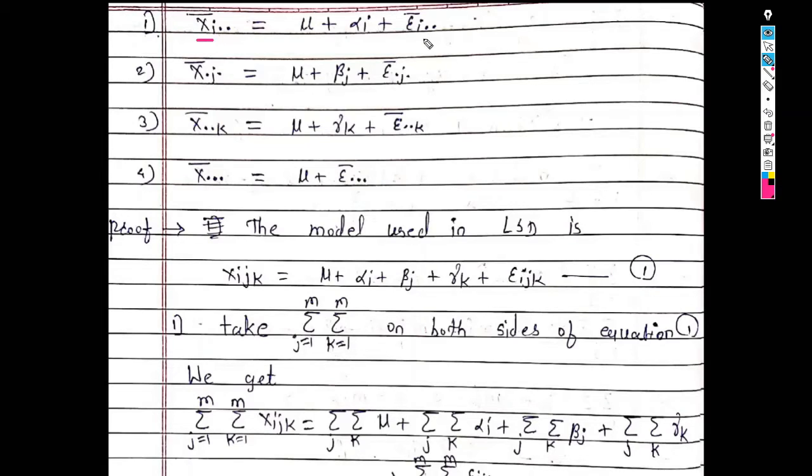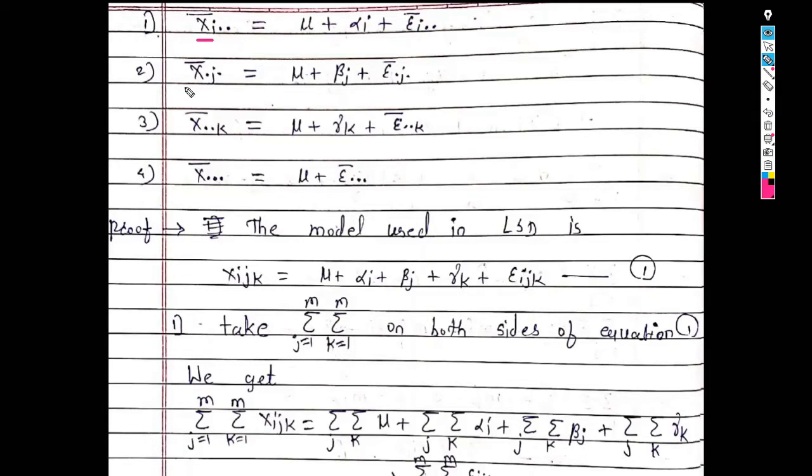We know the LSD model, so with the help of that model we prove this statement. When we derive expressions for the variance of least square estimators, we use these expressions, that is, we use the value of x i dot dot bar as mu plus alpha i plus epsilon i dot dot bar.